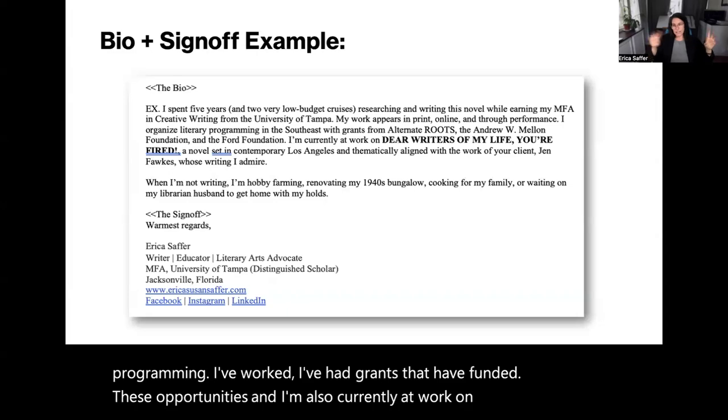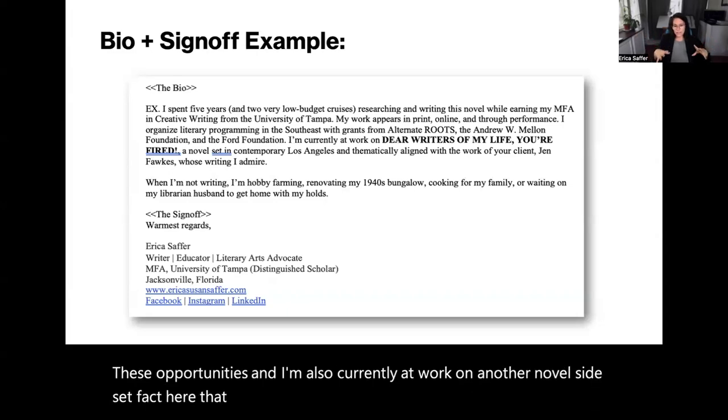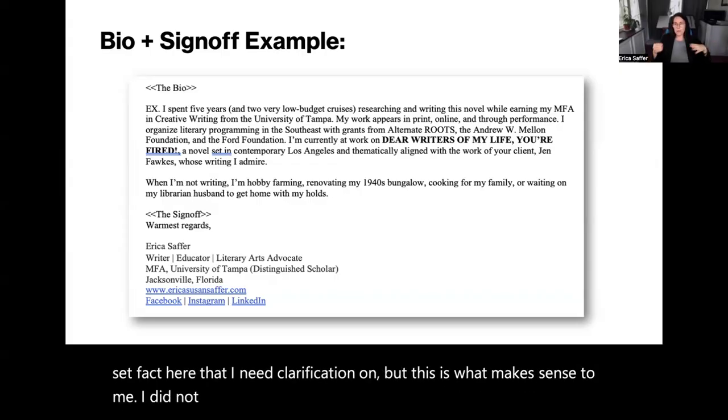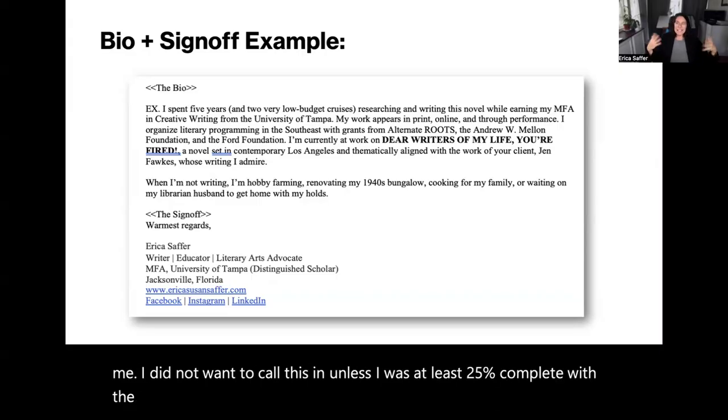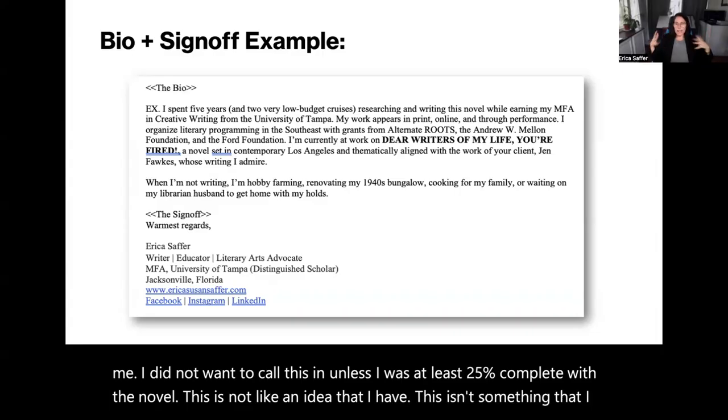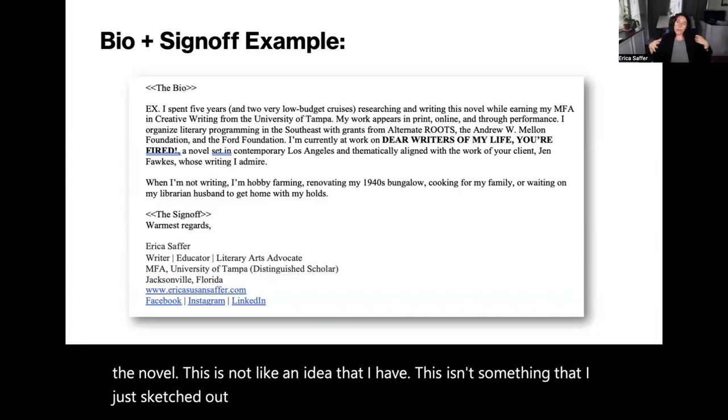Side fact here that I need clarification on, but this is what makes sense to me. I did not want to call this in unless I was at least 25% complete with the novel. This is not like an idea that I have. This isn't something that I just sketched out, or I've got a summary, or just a really great idea.